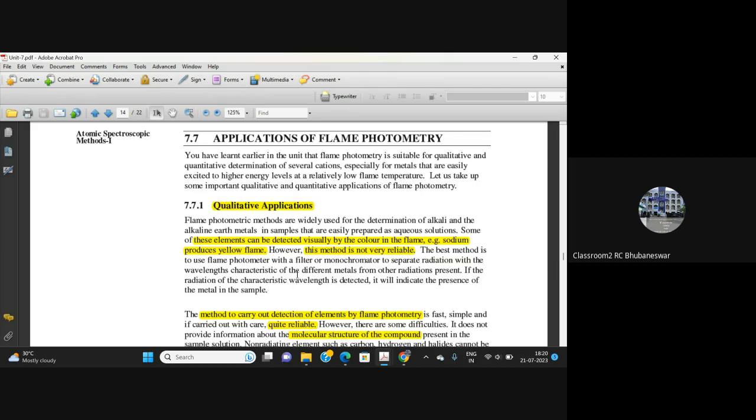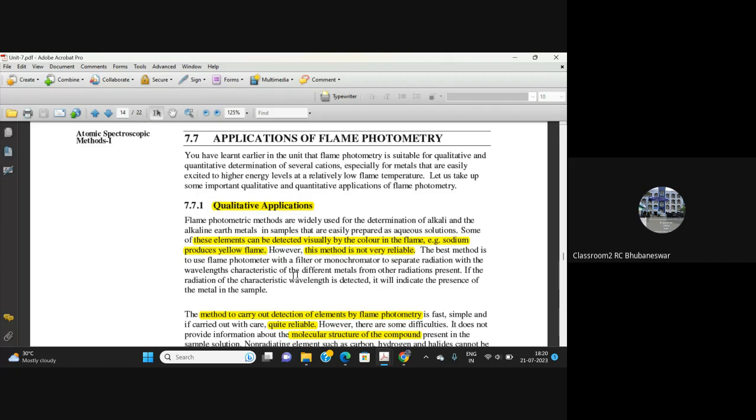Indirectly, you can predict how much of your element is present. Cadmium or whatever element you want to study, you have to attach to that fluorescence tag molecule, then study it. But here, you can directly target the element itself. You can go for the elemental study here.